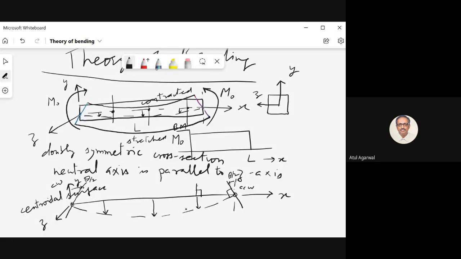So you see the rotation here at the left face is negative. The rotation at the right face is positive. So the rotation is changing from negative to positive. So there will be a position in the middle where your rotation is 0. Rotation is not uniform over the length. It is going from negative to positive.